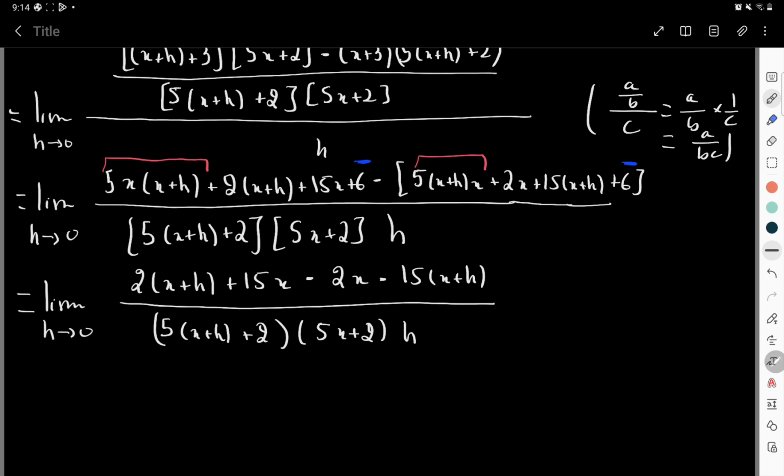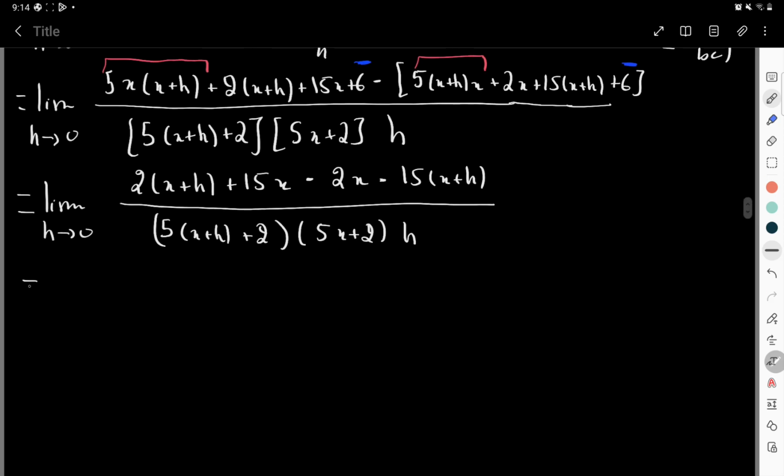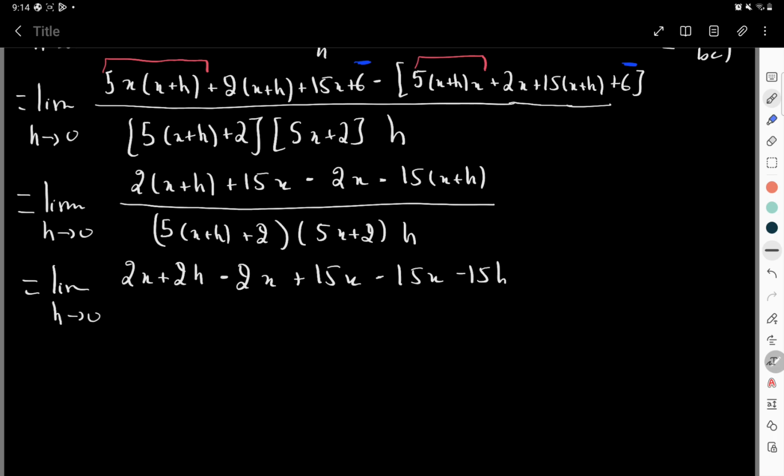Okay, now this is very clear, right? It's the limit as h goes to 0. 2x plus 2h, what do we get? We get 2x plus 2h minus 2x, right? Plus 15x minus 15x minus 15h. I just distributed the minus over that thing here.